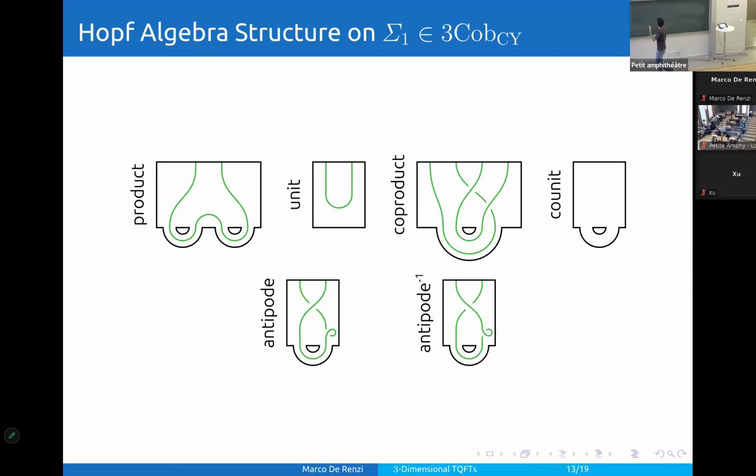But for Hopf algebras, if H is a ribbon Hopf algebra, which is a classical notion, this is a Hopf algebra equipped with an R matrix, which is an element in its tensor square, and a ribbon element, which is a central element related to the R matrix, then H mod is a ribbon category.